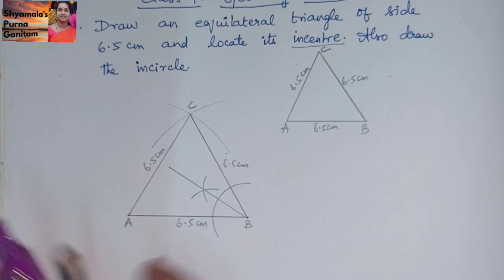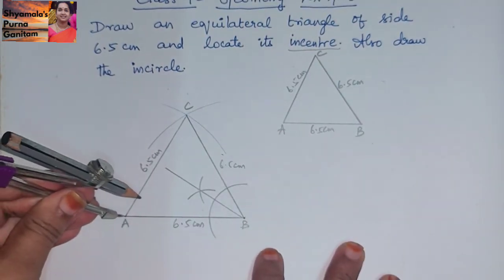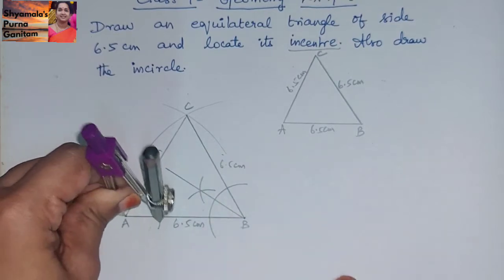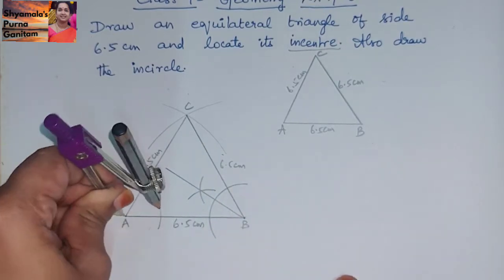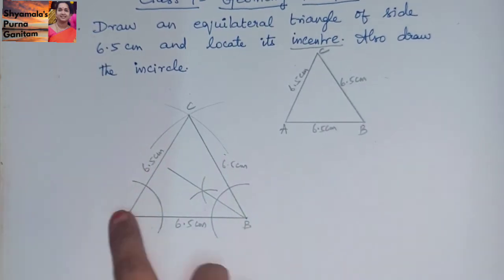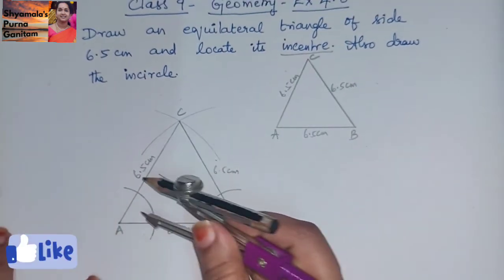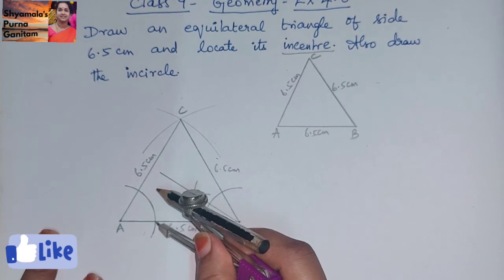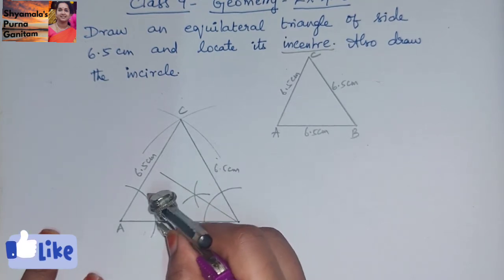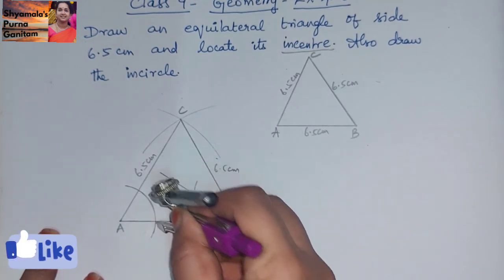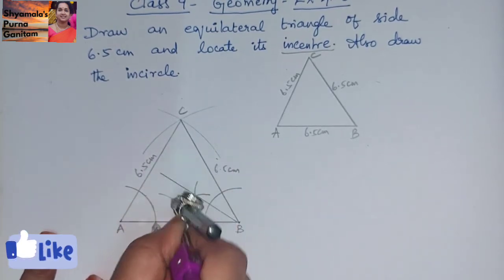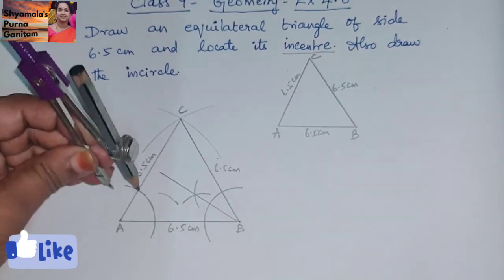The same procedure will be followed with A as center, with any measurement. First I will cut an arc that intersects the rays of that angle. From the points where that arc meets the rays, I'll take more than half, then cut inside the triangle.